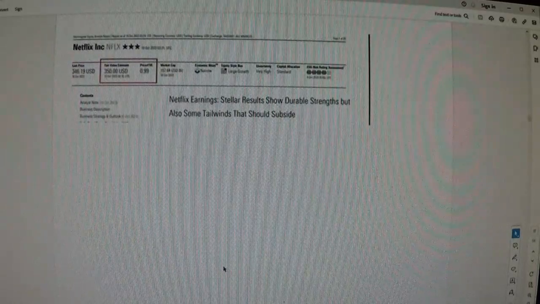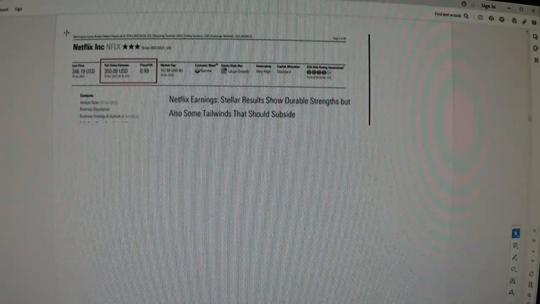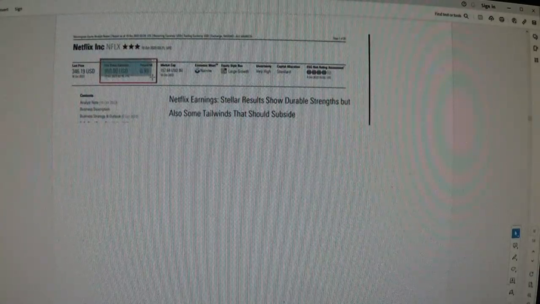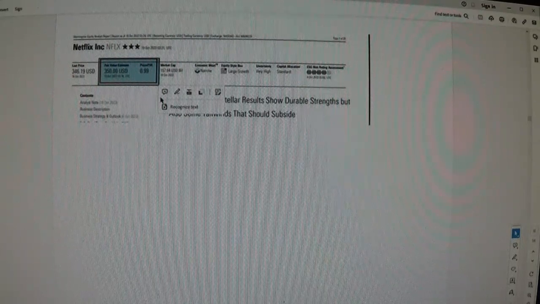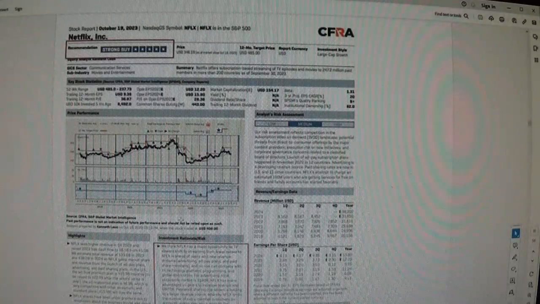Right now, I also looked at Morningstar's idea of the fair value. They said the fair value is 0.99, which is 1. That means they think it's fairly valued where it's at. And I looked at CFRA, and they say that Netflix is ahead of its peers with new revenue streams.